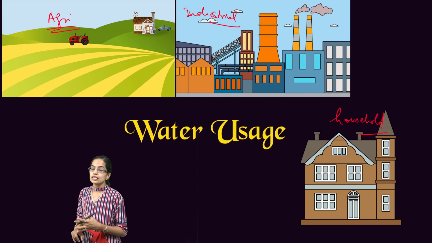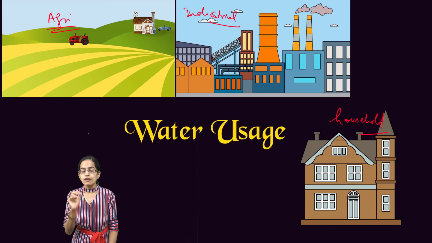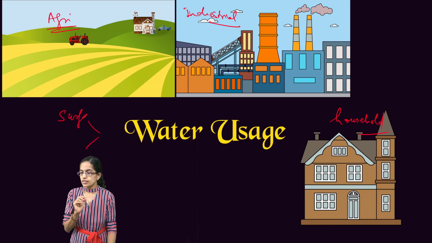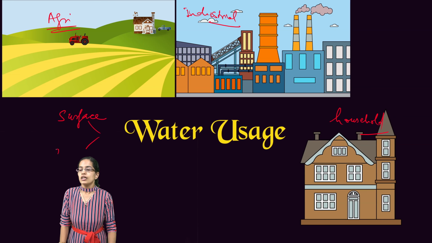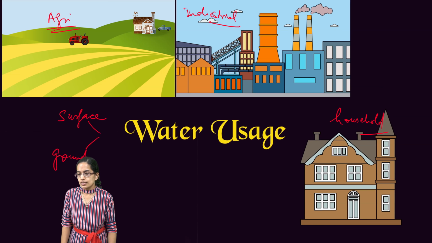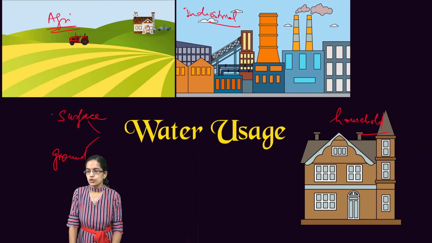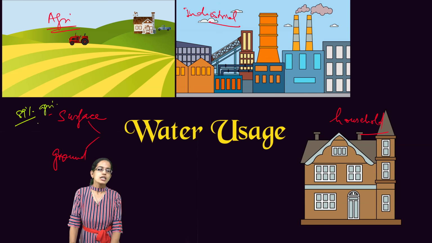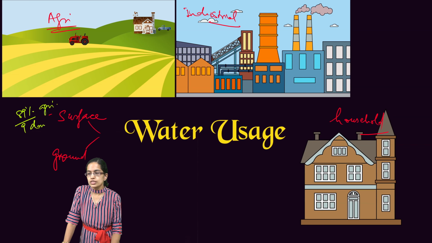Now, with this, we understand that the surface water and groundwater utilization in India is important for agriculture. If we categorize the country based on surface water utilization, 89% of the surface water goes for agricultural activities, around 9% for domestic use, and 2% for industrial use.